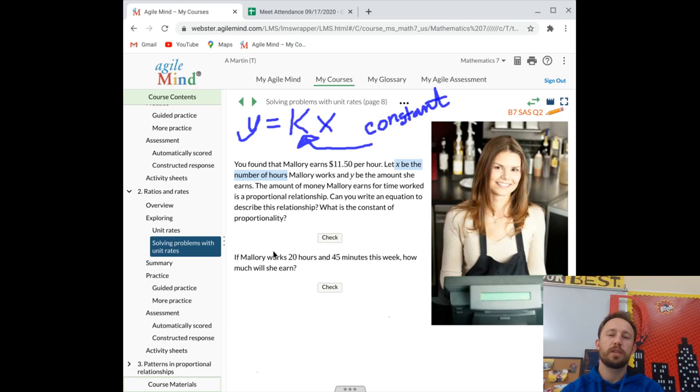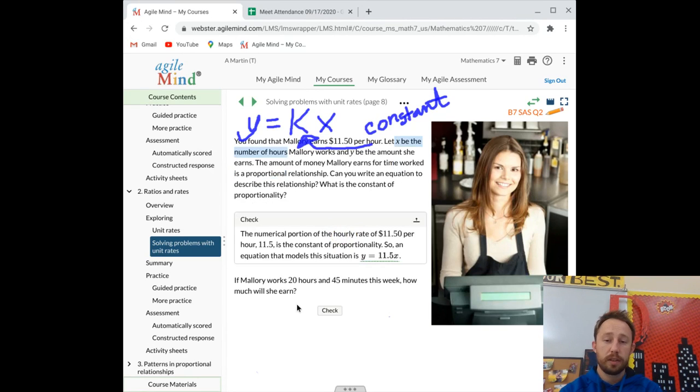Correct. So if we were to write this out, we would say what? y equals 11.5x. That is 100% correct, because that's telling us the amount of money equals 11.5 times the number of hours that she works.